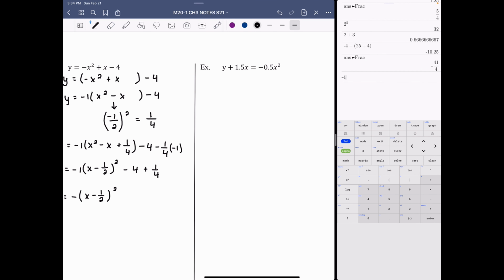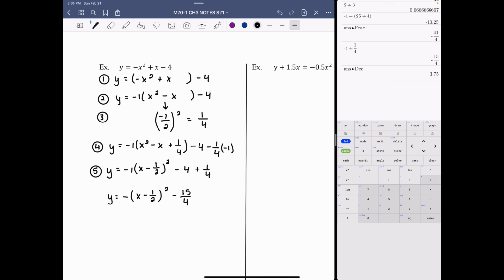I have -4 plus 1/4 gives us -15/4, which I can change to a decimal, which is -3.75. I'm not sure why the calculator is not saying negative, but it's just an issue with this calculator app. For graphing purposes the decimal would help me, but I'll leave it as a fraction for the function.